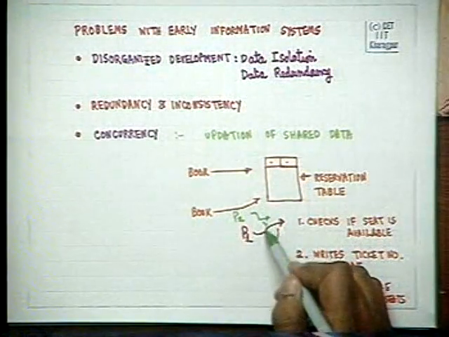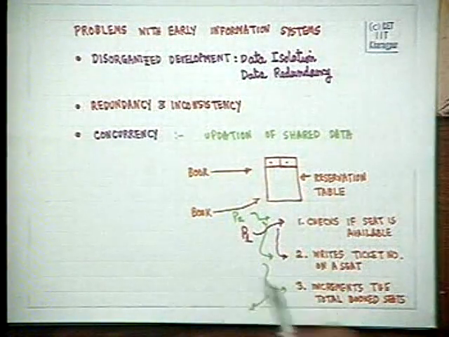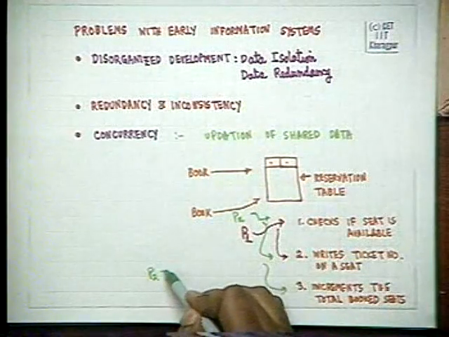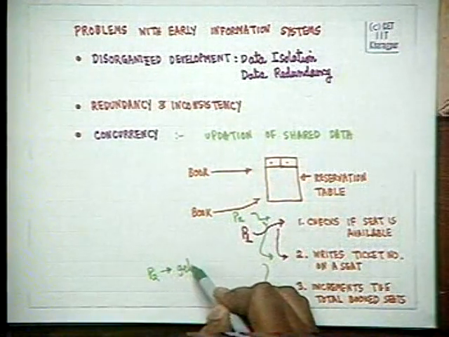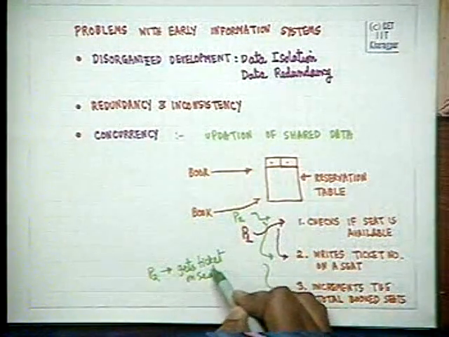So P2 does this, does this, does this and takes a ticket. So P2 goes away with a ticket. So P2 gets the ticket on seat 25, say.